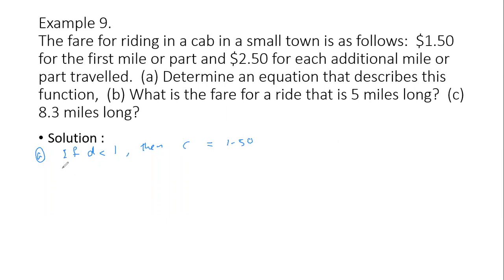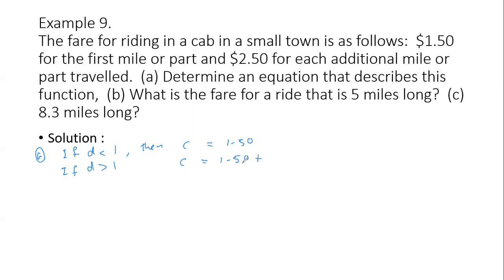If d is greater than 1, what would be the cost? Cost is equal to, for the first mile, he has to pay 1.50. Now d is greater than 1. For the rest of the miles, he has to pay 2.50.